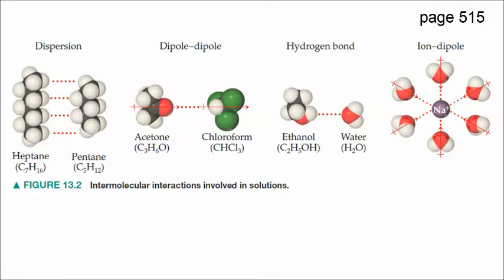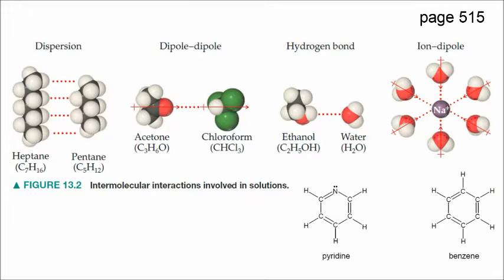We have London dispersion forces between typically all molecules, but especially if they're nonpolar, that's all they have. Dipole-dipole forces between polar molecules. Hydrogen bonding, when you have a hydrogen directly attached to either an oxygen, nitrogen, or fluorine. And ion-dipole forces. What do we have going on with pyridine and water? Well, pyridine is polar because of that electronegative nitrogen atom.